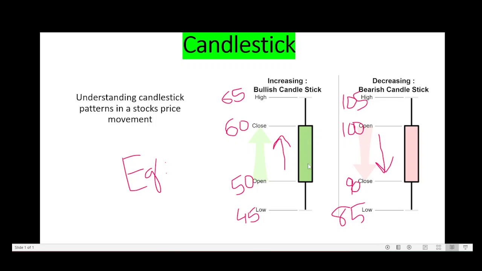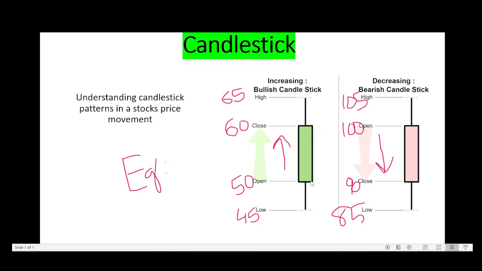The body of the candle is formed only between the opening price and the closing price. Here the price opened at 50 rupees, and in between suddenly the price went down to 45 rupees and then came up, and the price kept increasing. It went up to 65 rupees and then came down, and at the end of the 1 minute the price closed at 60 rupees.